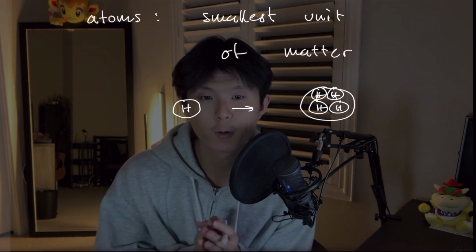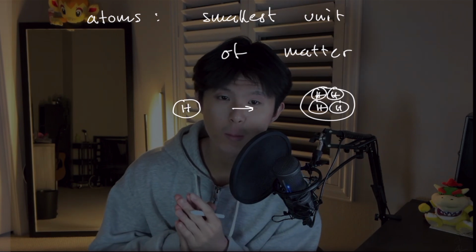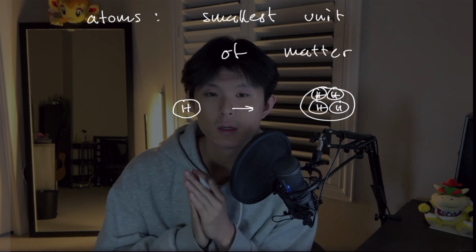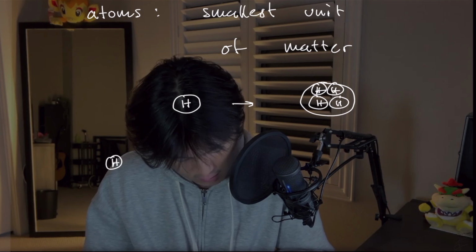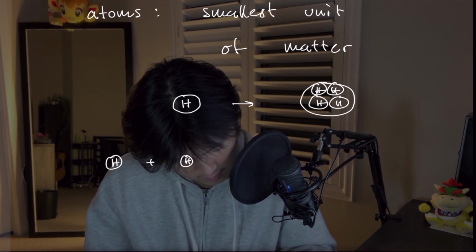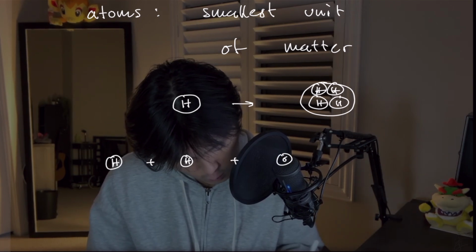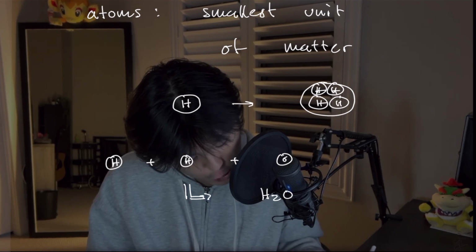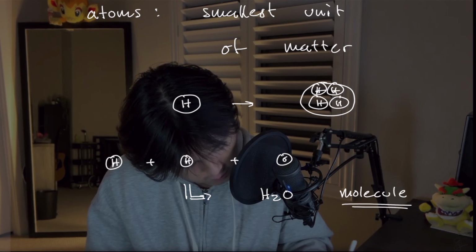So let's take, for example, what happens when two or more atoms join forces? Let's say this hydrogen and this hydrogen, and let's say an oxygen. What does it make? Yes, you're right. It makes H2O, which is a molecule.